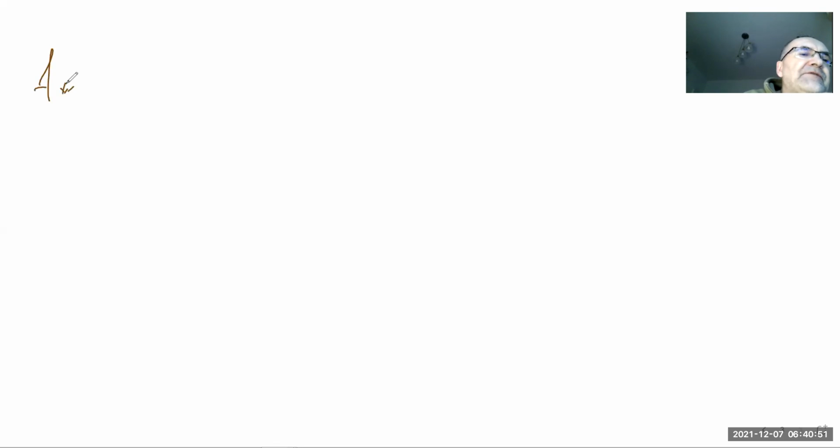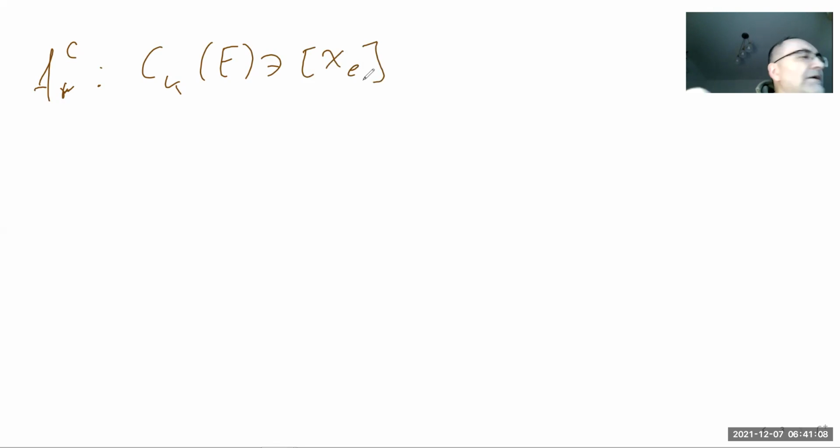F star C, C for con, which maps an element in the conpath algebra of the graph E, so I denoted as a class of some chi E, to FC star, the class of chi E, which is by definition, by how we defined it, in general just chi of FE.